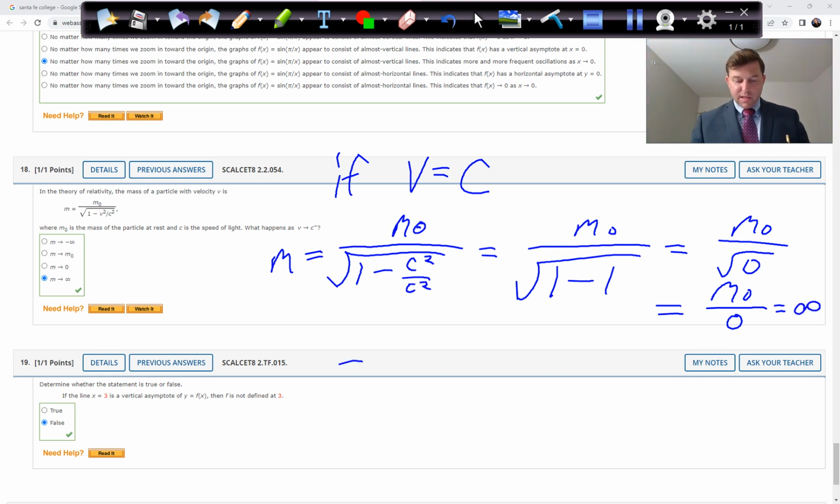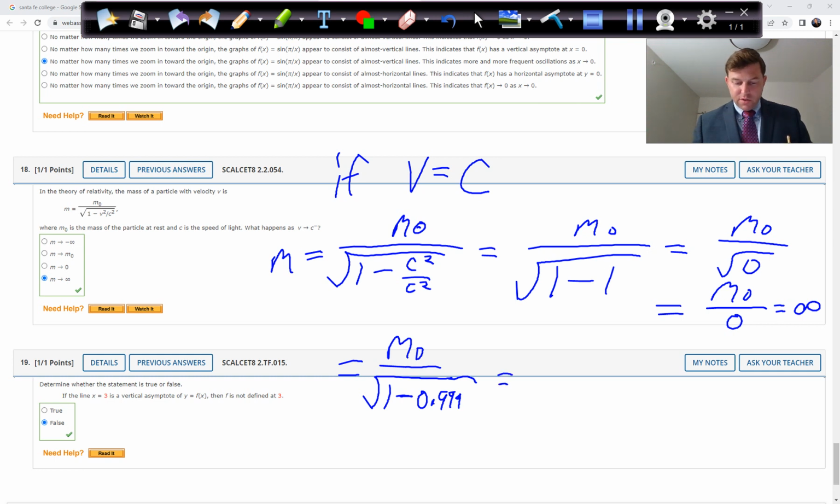Because if I picked, let's say I wasn't going the speed of light, let's say I was going really, really close to it, then this would be a really small number. So it'd be a number close to 1. So let's say I got that to be 0.999. So I'm going like 99% the speed of light.